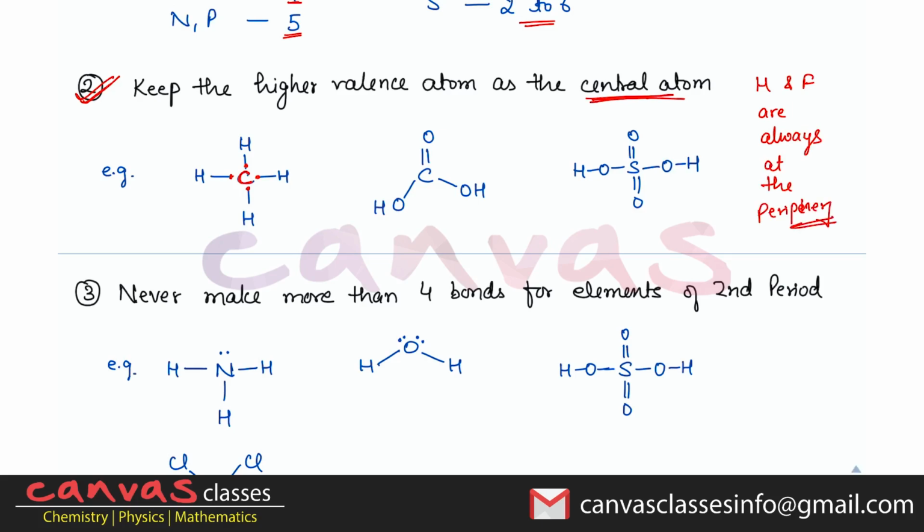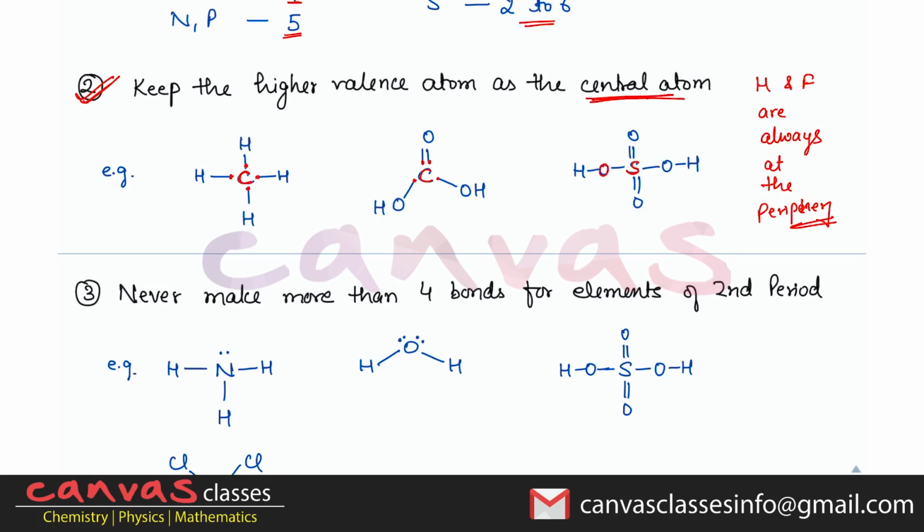Why? Because the center needs something on the left and the right, on both sides. But hydrogen and fluorine cannot make more than 1 bond. Similarly, carbon here can make 4 bonds, 1 double and 2 single. Again, sulfur. So in this molecule H2SO4, sulfur has the highest valence, 6.